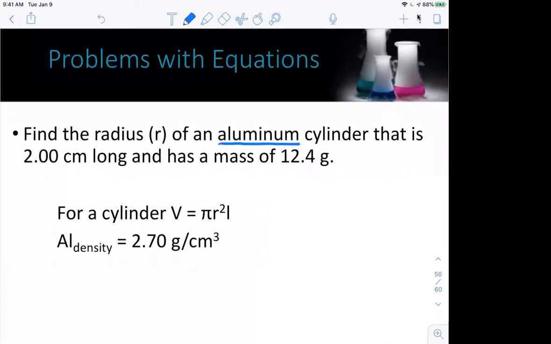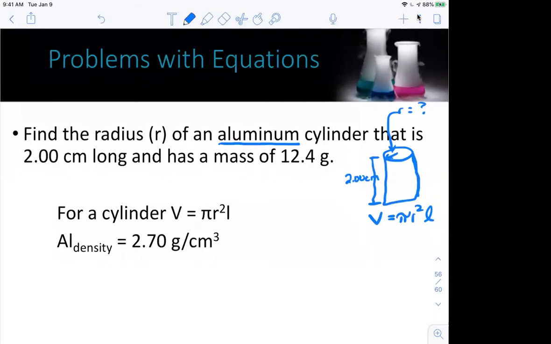I have a cylinder, right? My height of my cylinder, or the length of the cylinder, is 2.0 centimeters. My radius, right? This is what I want to find.